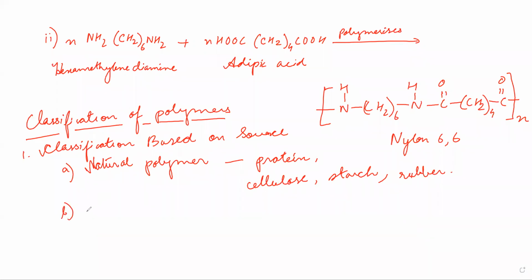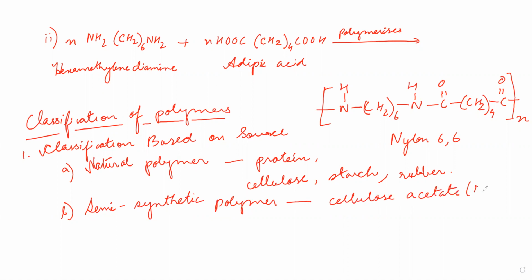Next classification is semi-synthetic polymer. That means natural and artificial both are involved in preparing these polymers. Example, cellulose derivatives, which have natural polymer along with artificial chemicals to make this polymer. Example, cellulose acetate, which is also known as rayon, and cellulose nitrate.